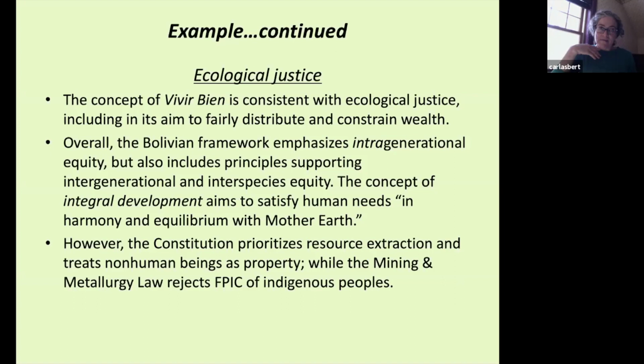And then in terms of ecological justice, the concept of BB2BN, I can't really get a lot into the details of all this. I hesitated using this example because it's very complex, but at the same time, one of the readings suggested in the overview of the webinar focuses on my other two case studies.